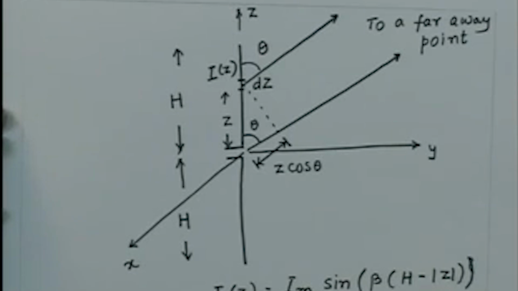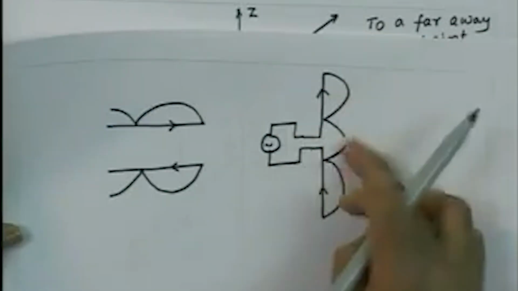You can verify this is mod of z. When z is equal to 0, you have a current which is I m sine beta h. However, when z is equal to plus minus h, the current will go to 0. So, we will have a current distribution which will be something like that.